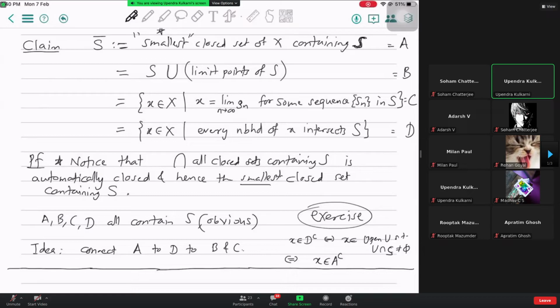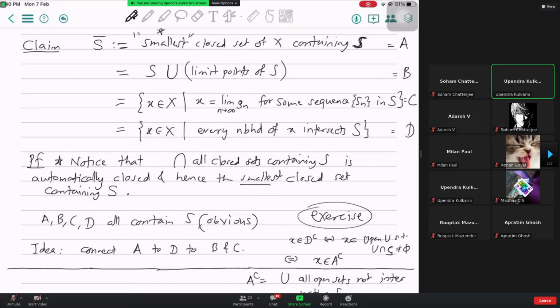So, okay. What does it mean for X to be in the complement of A? I'm just writing this down. A complement is the union of all open sets not intersecting S. Correct?